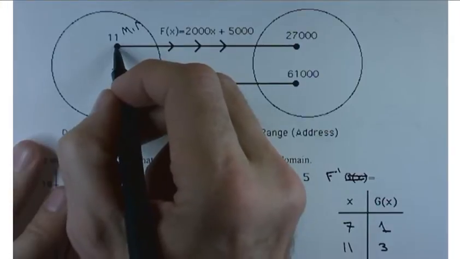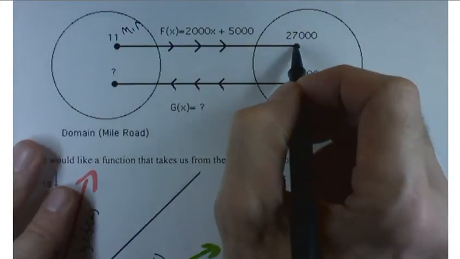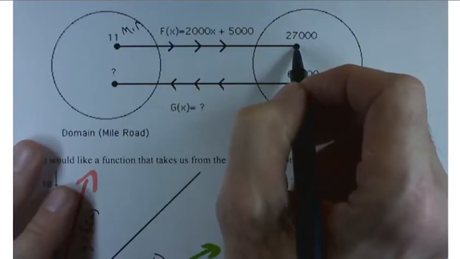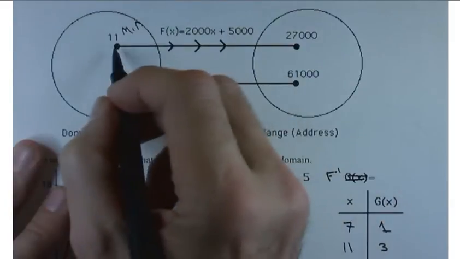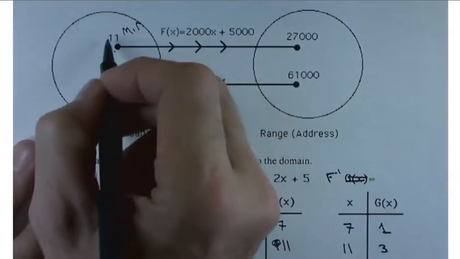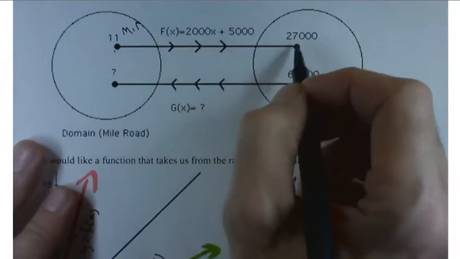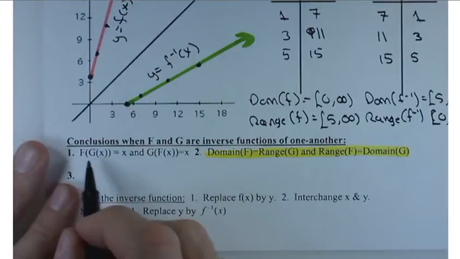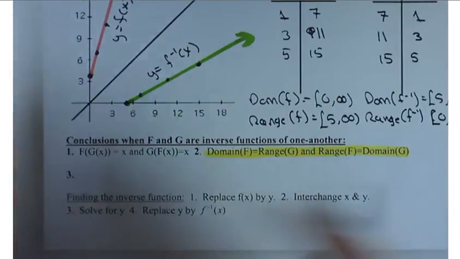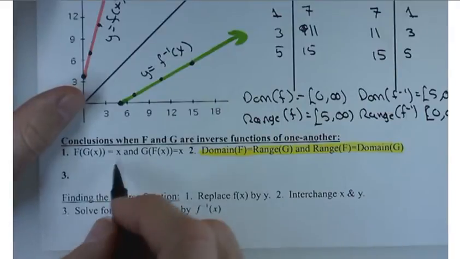If I did the function of 11-mile road, I'm going to get here. What if I then apply the inverse function? Where am I going to go back to? 11-mile road. One does something, the other one undoes it. So when you apply a function, then its inverse, you get back to where you started from. And that's what this is saying. The function of the inverse gets you back to where you started from.